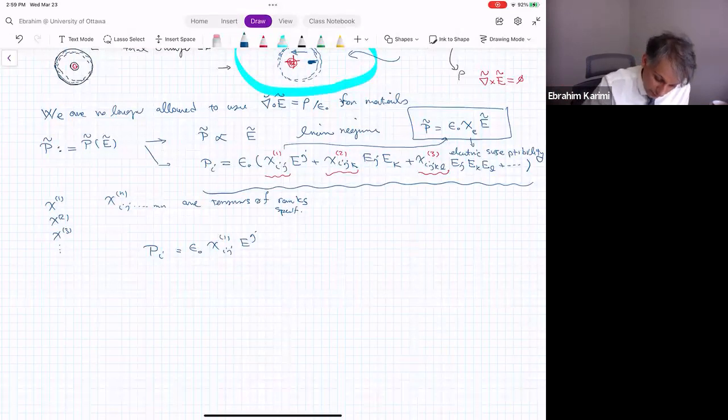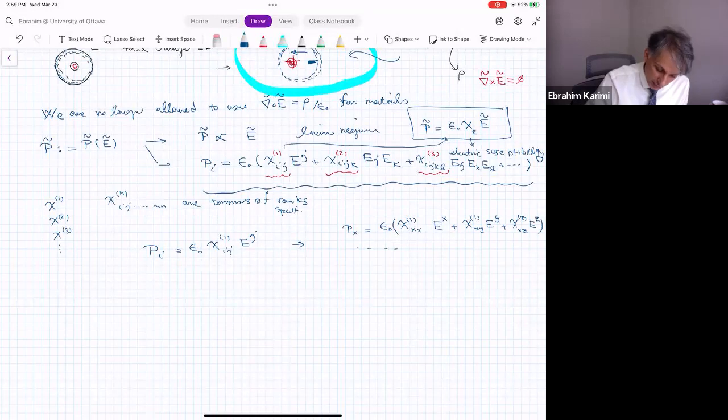Let's go for this specific case, which is Px is given by epsilon 0 chi1 of xx ex plus chi1 of xy ey plus chi1 of xz ez, and etc.